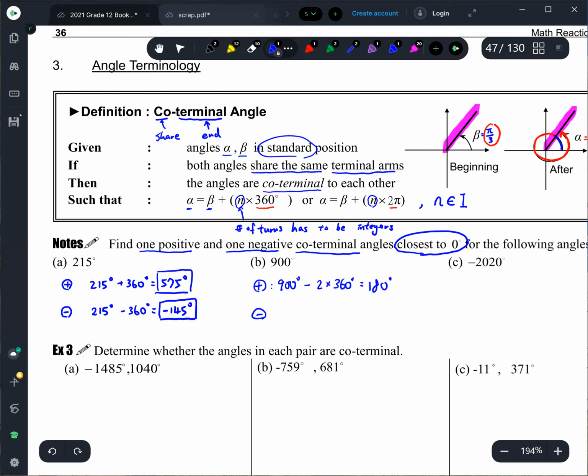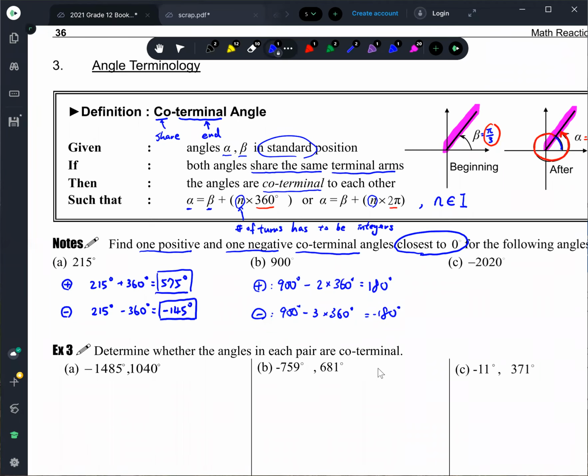Now for the negative, Evan, do you have the negative coterminal? I don't know if it's right, but is it negative 180? Yeah, what did you do? I just multiplied 360 by 3 and subtracted. Okay, so for 900, you need to subtract 360 three times to make it negative.